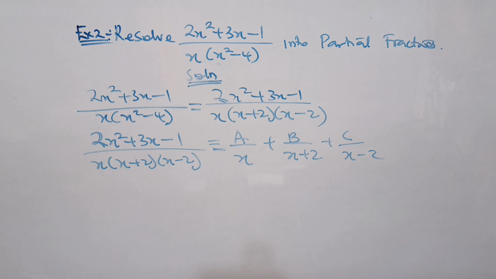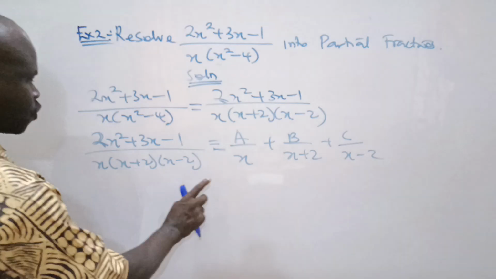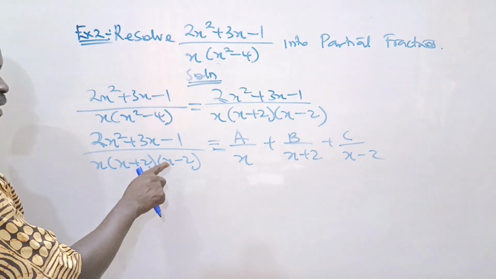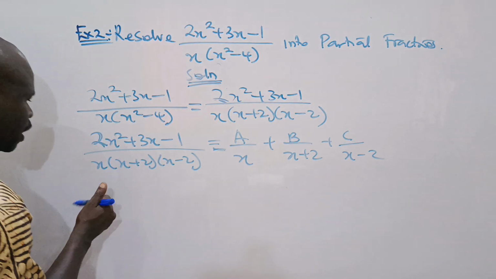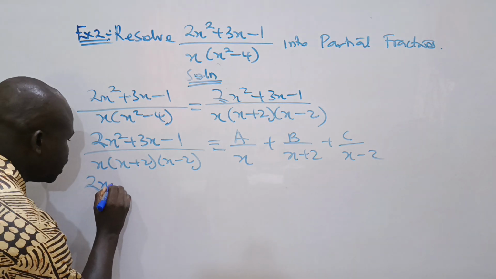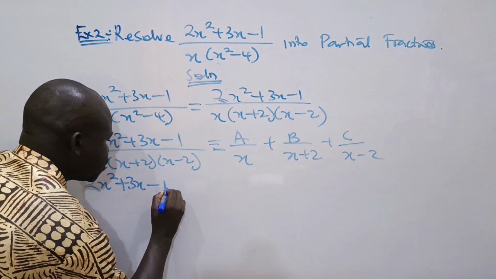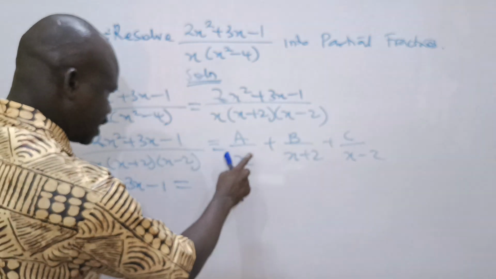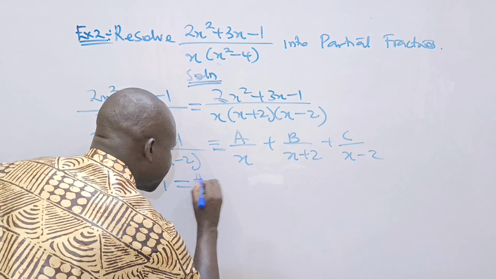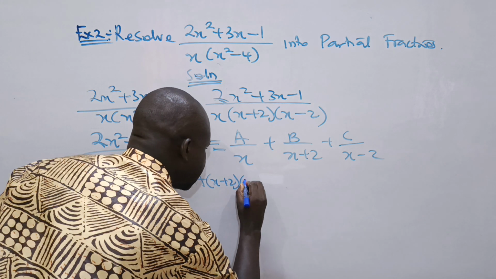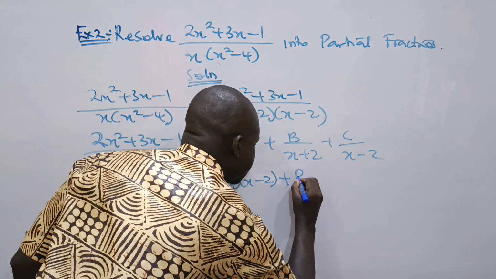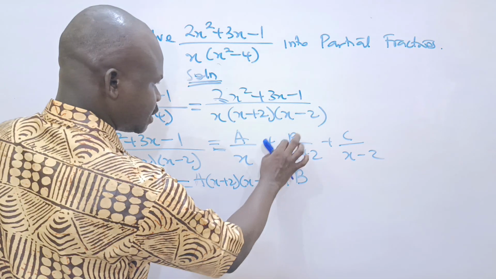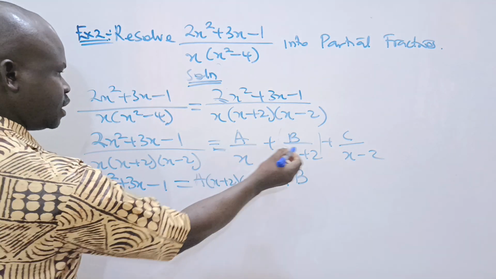So what do we do? For us to resolve this, we multiply through by the denominator of the left hand side, x(x + 2)(x - 2). We'll be left with 2x squared + 3x - 1 equal to A(x + 2)(x - 2), plus B. If we use x(x + 2)(x - 2) to multiply the second fraction, this will take care of the denominator.